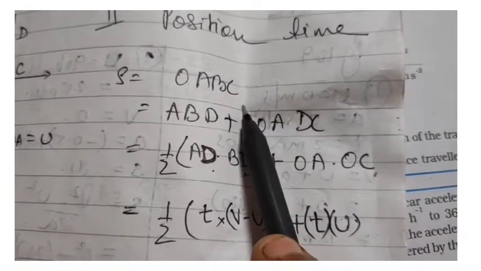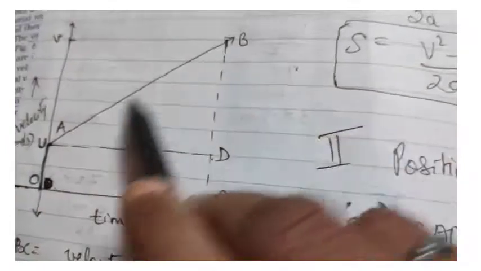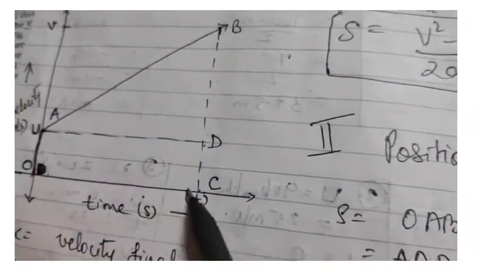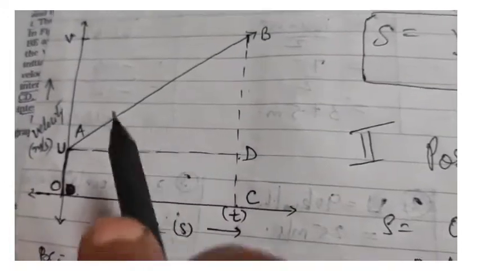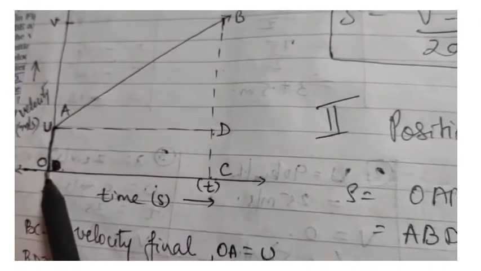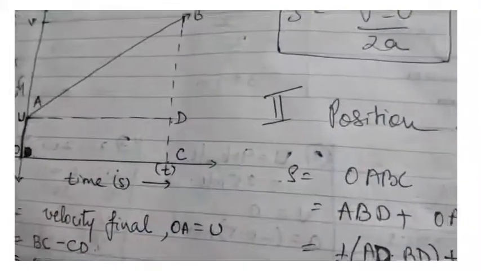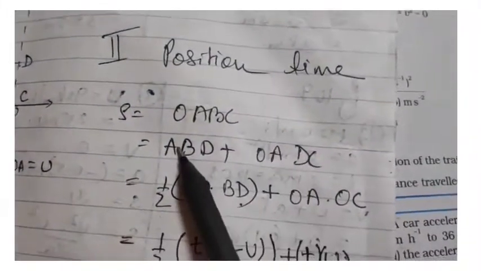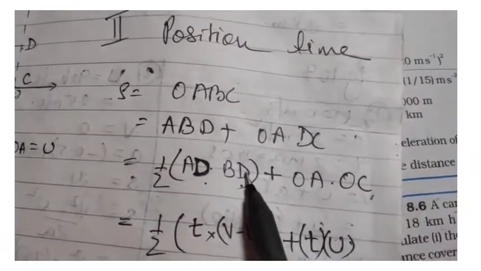OABC is a trapezium, but this trapezium can be divided into two different shapes: one is a right angle triangle and the other is a rectangle. Because we have drawn a parallel, it becomes a right angle triangle ABD, and OADC becomes a rectangle. Clear? So the area of the triangle plus the area of the rectangle gives you the complete trapezium. The triangle formula is half of base into height.